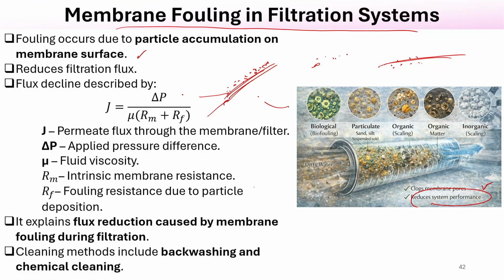Now, we can use reverse flow, whereby whatever loosely adhered particles are there will get cleaned. This is called backwashing, and also we can do chemical treatment. Chemically we can deactivate and remove these particles. That is the cleaning method.